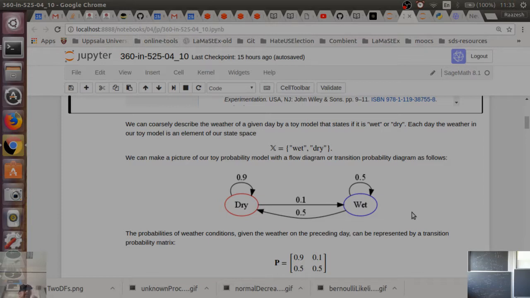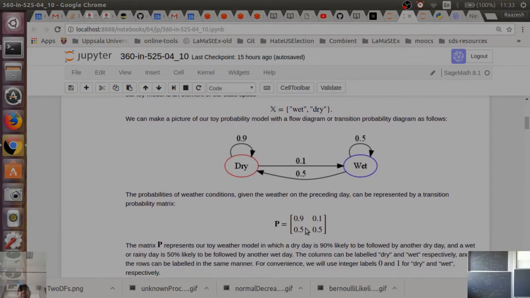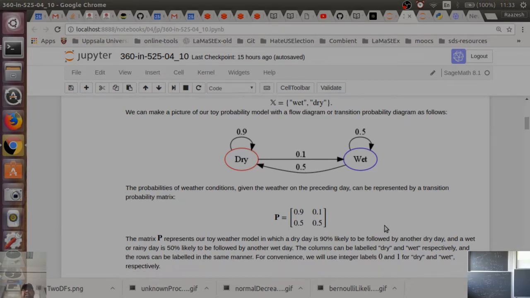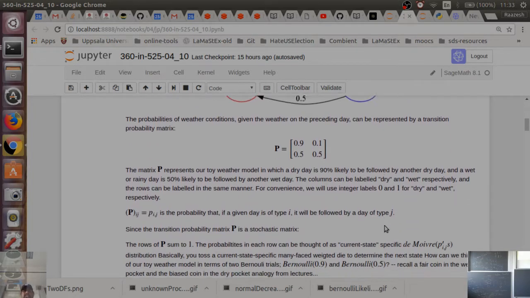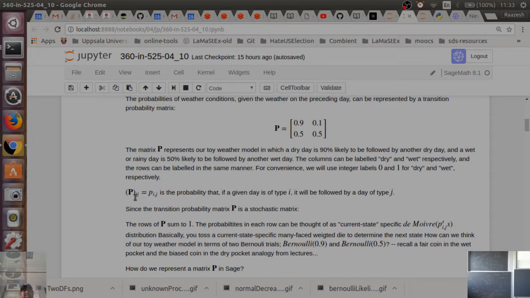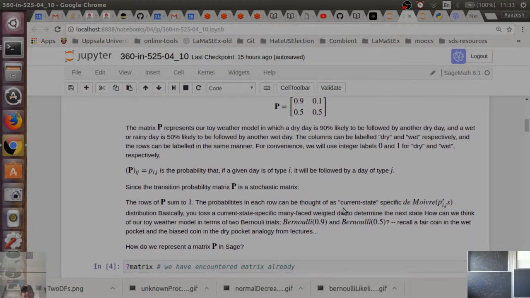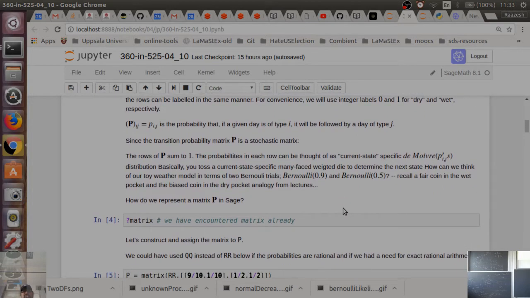This is just from Wikipedia's numbers. So that was their matrix. So we can go from dry to dry, which they call sunny, and wet to wet, 0.5, which they call rainy. So it's exactly the same. So for me, the ijth entry of the matrix is lowercase p(ij), and every row sums to 1.